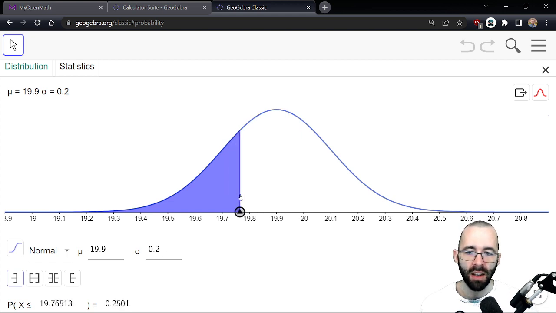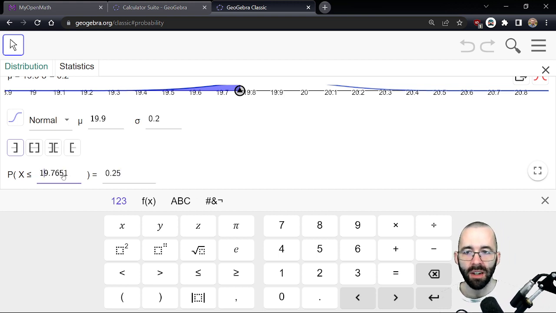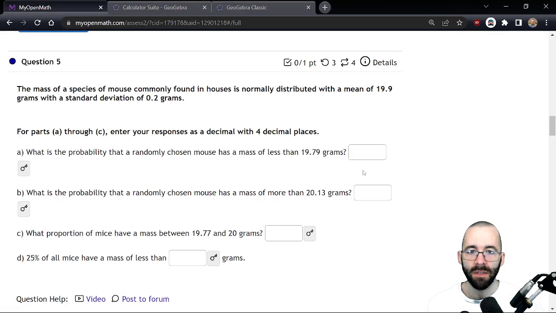And you can get pretty close and get an idea of, okay, it's going to be something around 19.76 grams. But if you want to get an even better answer, you can just type in 25%. And look at this number here, 19.7651.